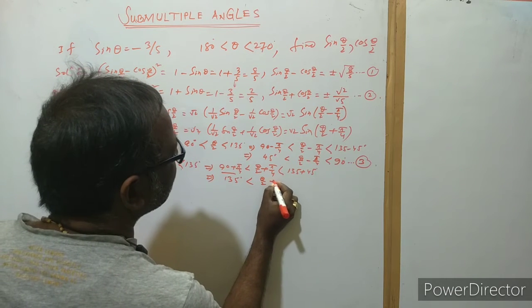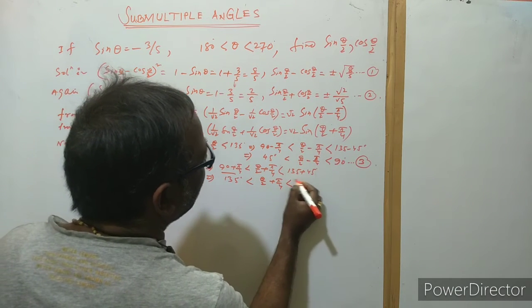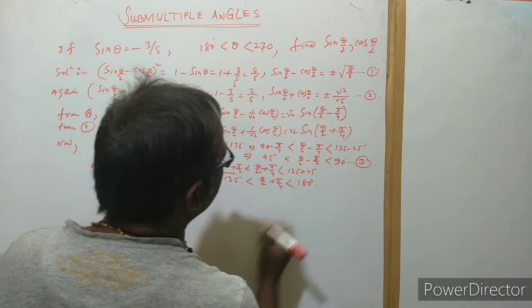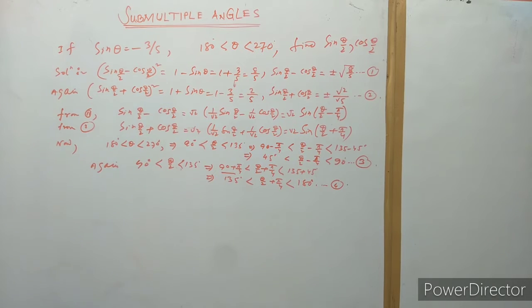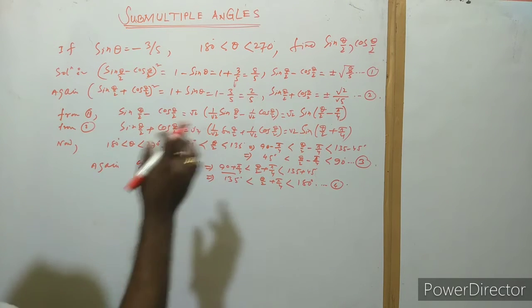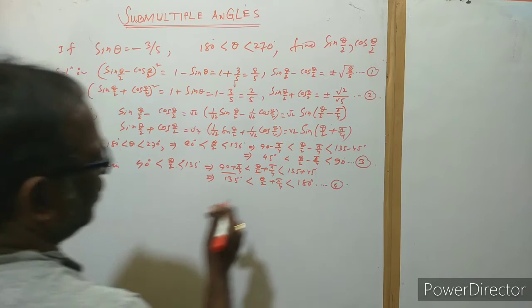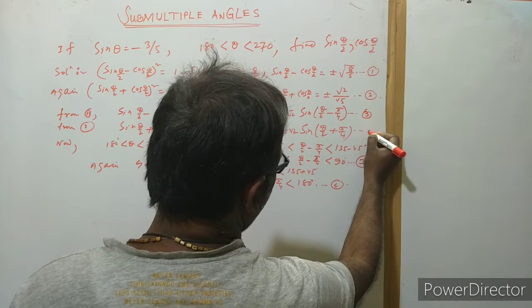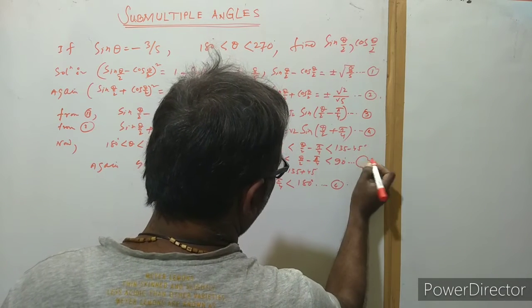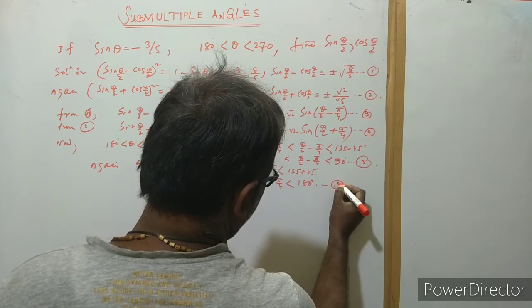This is theta by 2 plus pi by 4, and we get equation number 4. This is 3, this is 4, this is mentioned 5, this is mentioned 6.